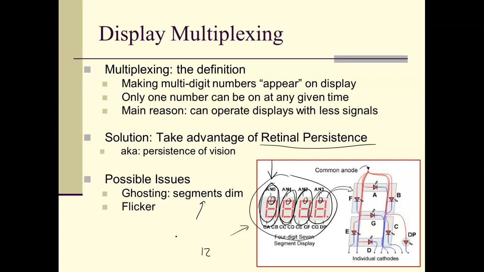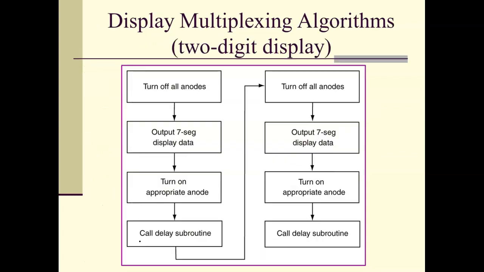There are a couple of issues here. Generally speaking, if you try to multiplex this too fast, you're going to get ghosting problems. If you multiplex it too slow, you're going to get flicker. Either way, your eyes are not going to enjoy that. So this is the algorithm to use to multiplex the displays.